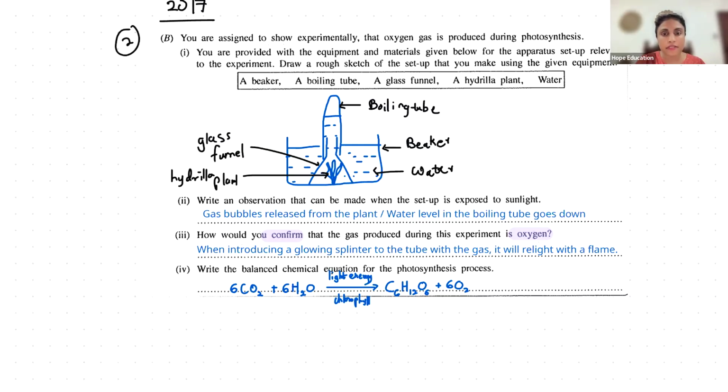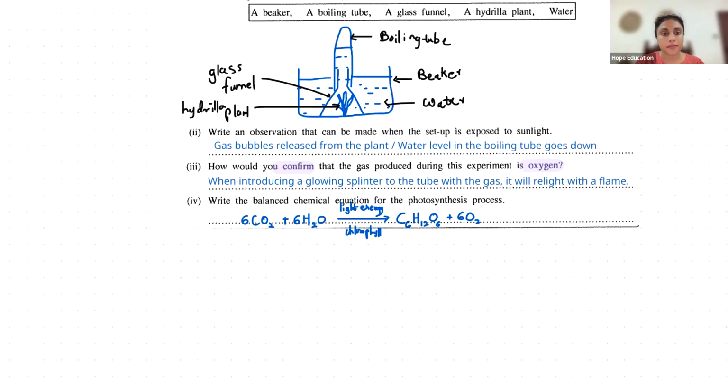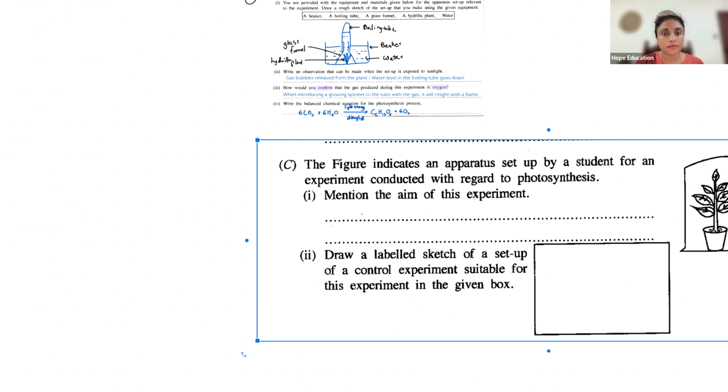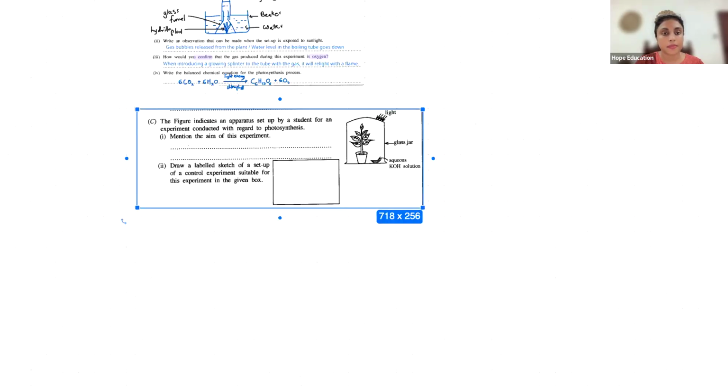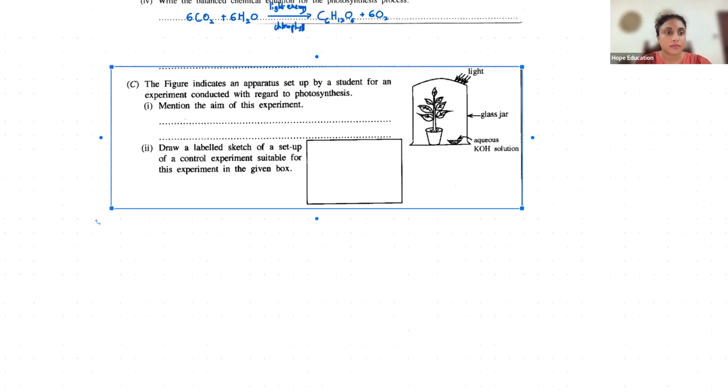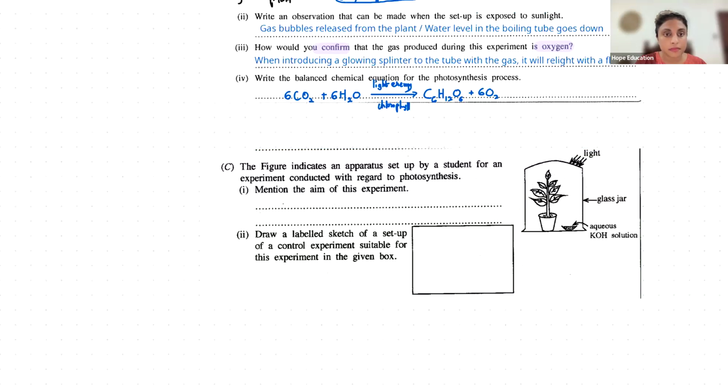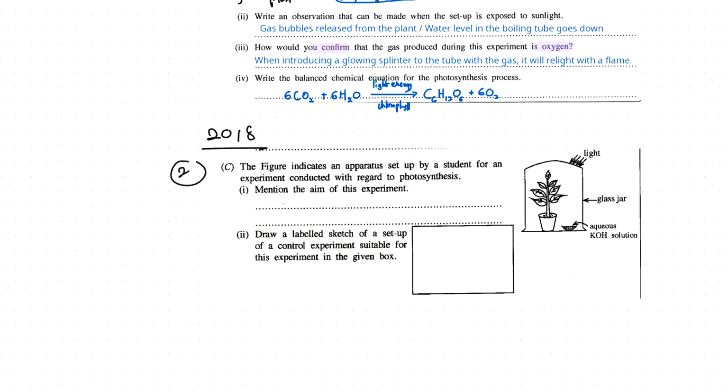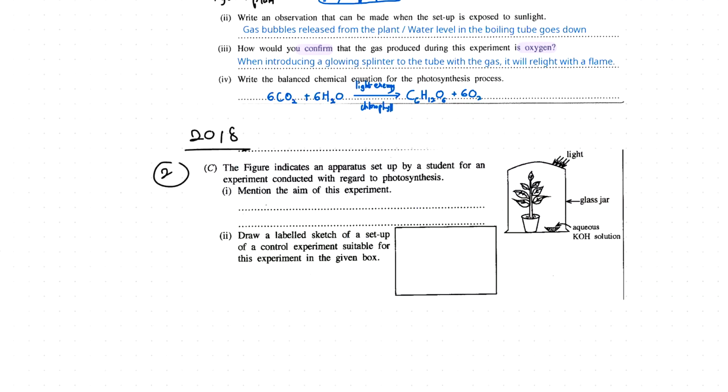I gave everything from photosynthesis. I think I gave a few questions from living tissues. Okay. This is 2018, second question C. Now here again we have a photosynthesis test, an experiment that we have already learned.